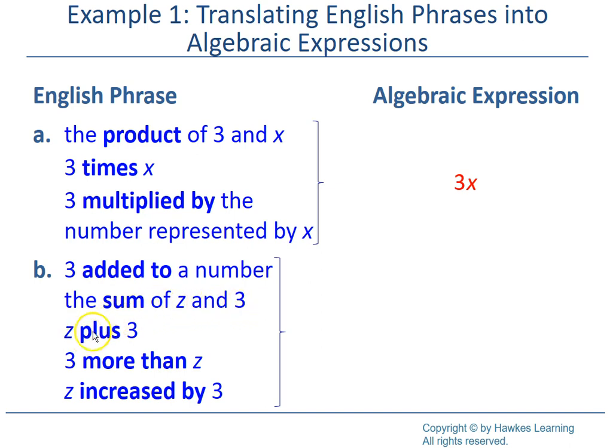So another way to write that, sum or added, z plus 3. Another way to say it, 3 more than z. z increased by 3. And how would that look? So again, we get 1, 2, 3, 4, 5 ways of saying this.